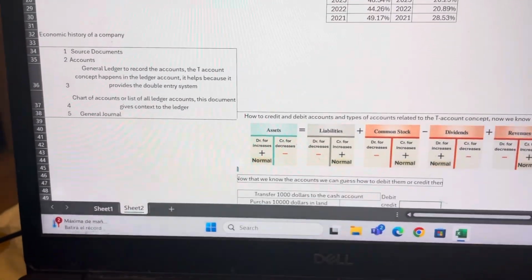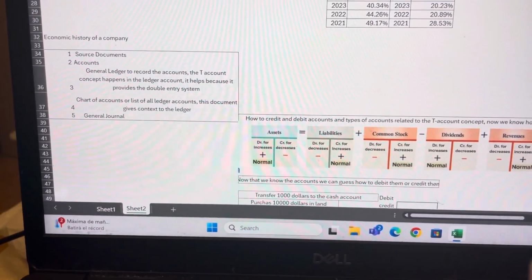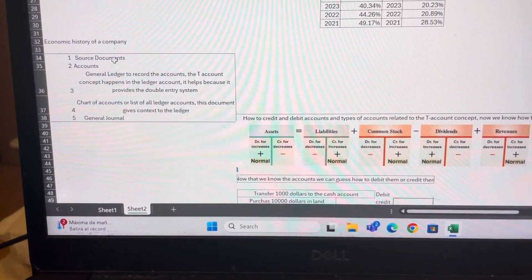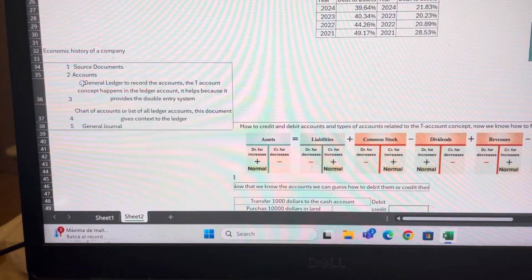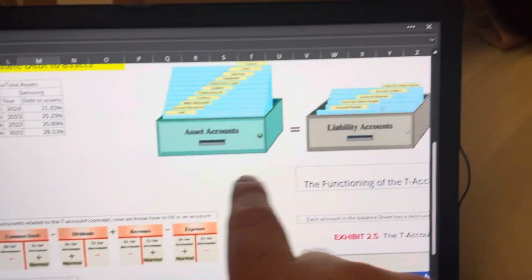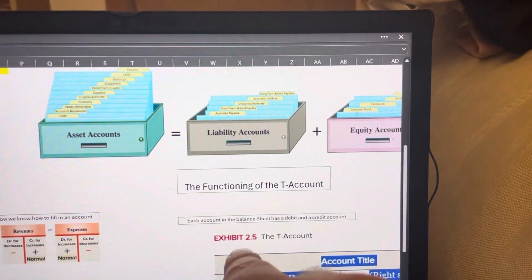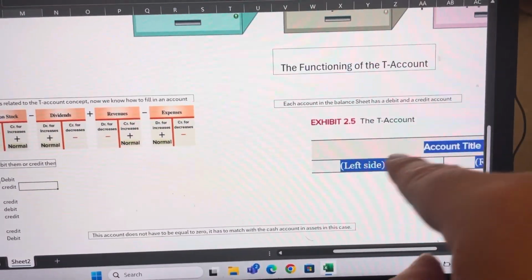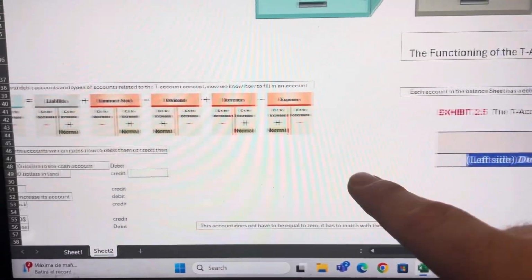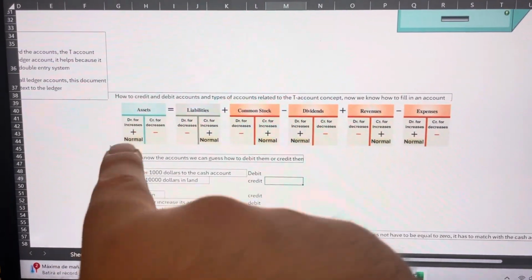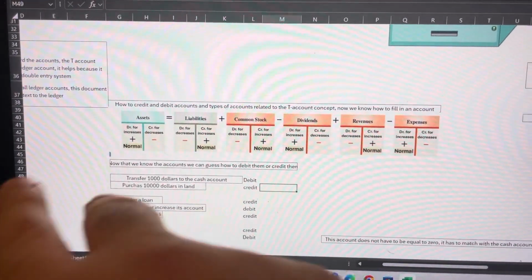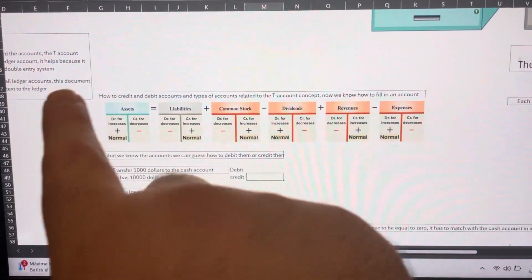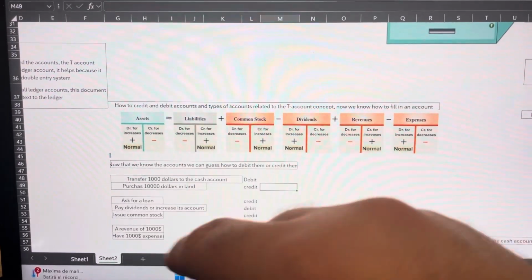So what's the process of doing all this? First, we have the source documents. Then all of this goes to the accounts, which follow the T pattern. Each account separately does not have to end up equal, but as a whole it does have to be equal.